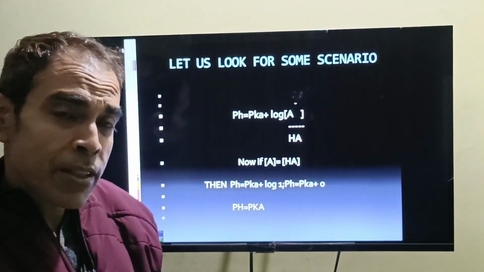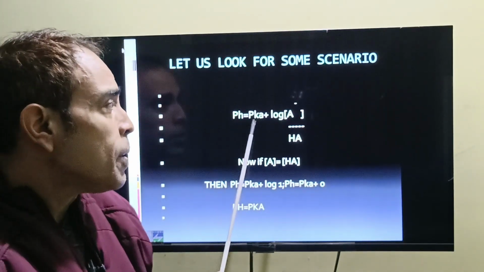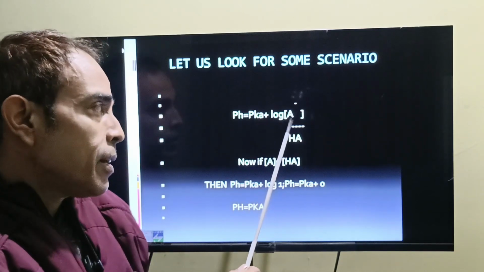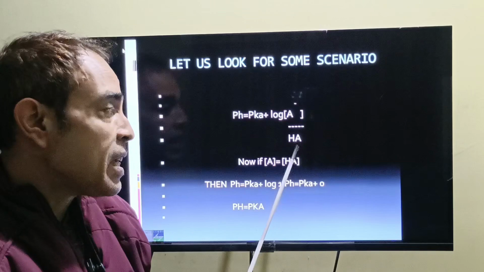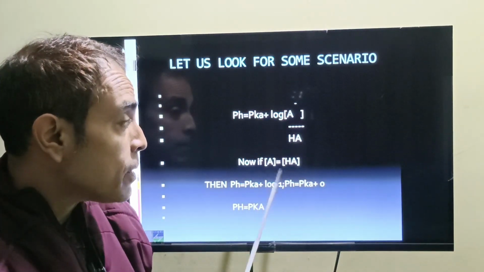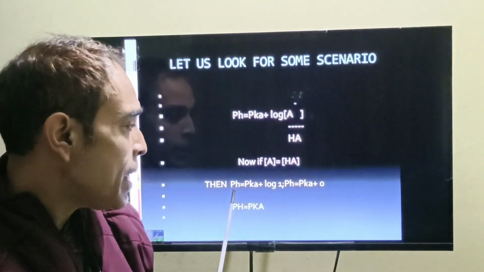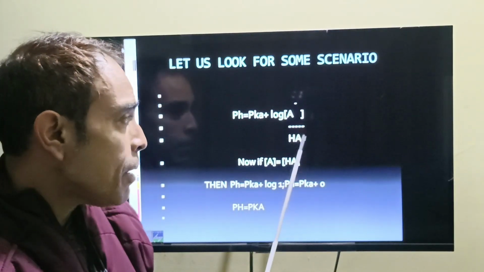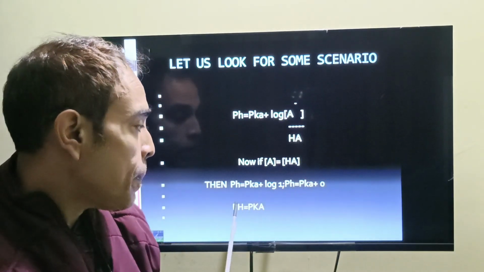After going through this equation, let us look at some scenarios. We know that pH equals pK plus log of A minus by HA, the ionized form by the acid. What will happen if the concentration of the ionized form becomes equal to the concentration of the acid? Anything divided by the same becomes 1, so log of 1 is 0, and pH equals pK.